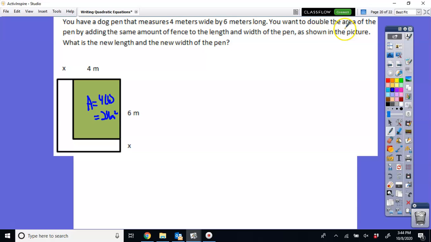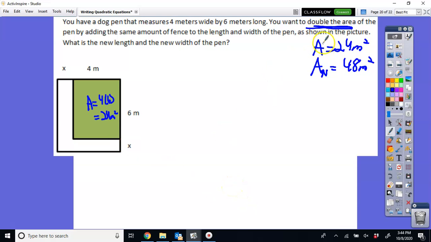Later on, when I double the area, I want it to go from 24, which it is right now, 24 meters squared. The new area, I'm going to put A sub n for new. I want that to be 48 meters squared. That's what I want it to be. But I need to know, what do I need to add to this side and what do I need to add to this side to make it work?